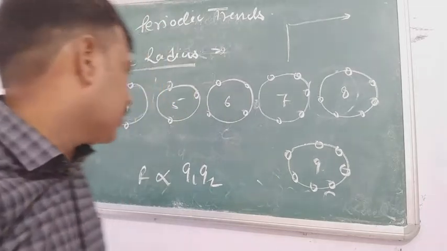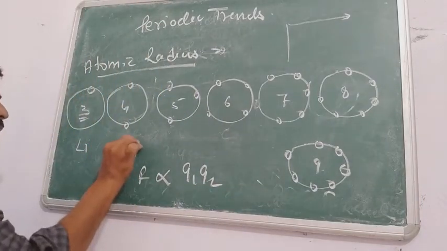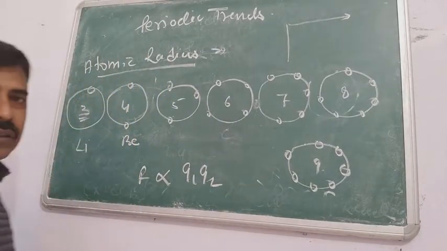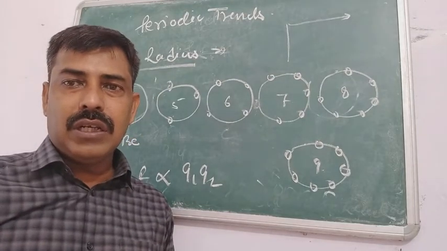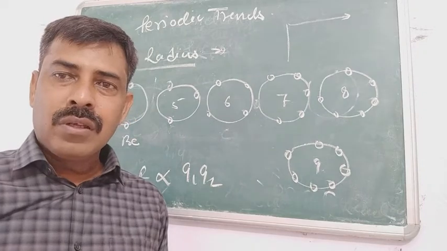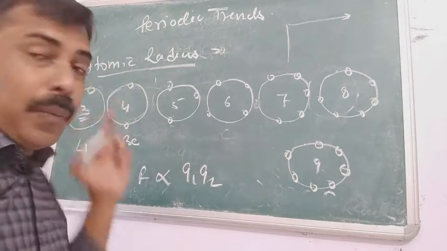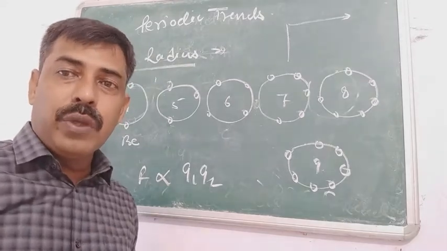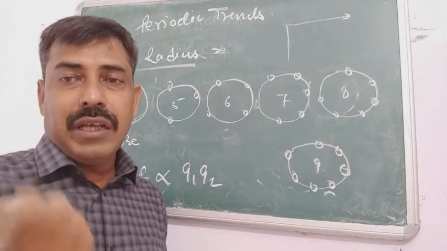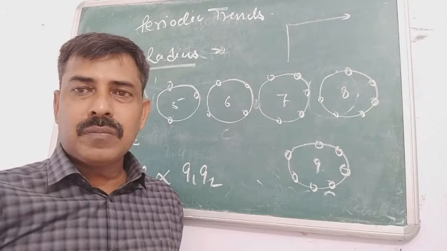Next is beryllium, having 4 protons in the nucleus and 2 electrons in the valence shell, with atomic number 4. Surely with a greater number of protons in the nucleus, the greater effective nuclear charge will attract the electrons with greater force.